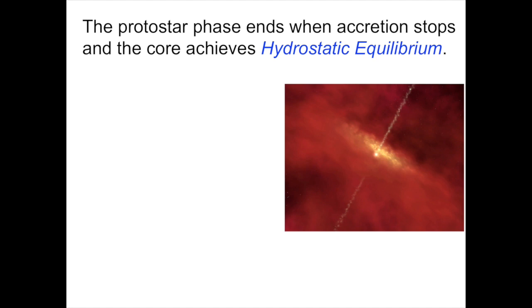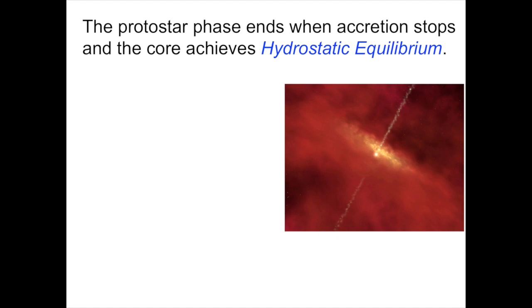As it stops accreting mass, the mass stops growing, and now the protostar, to all intents and purposes, is about as massive as it's ever going to get. In reality, it will grow a tiny bit, adding little bits and dribbles, but the mass growth is going to fall off dramatically.